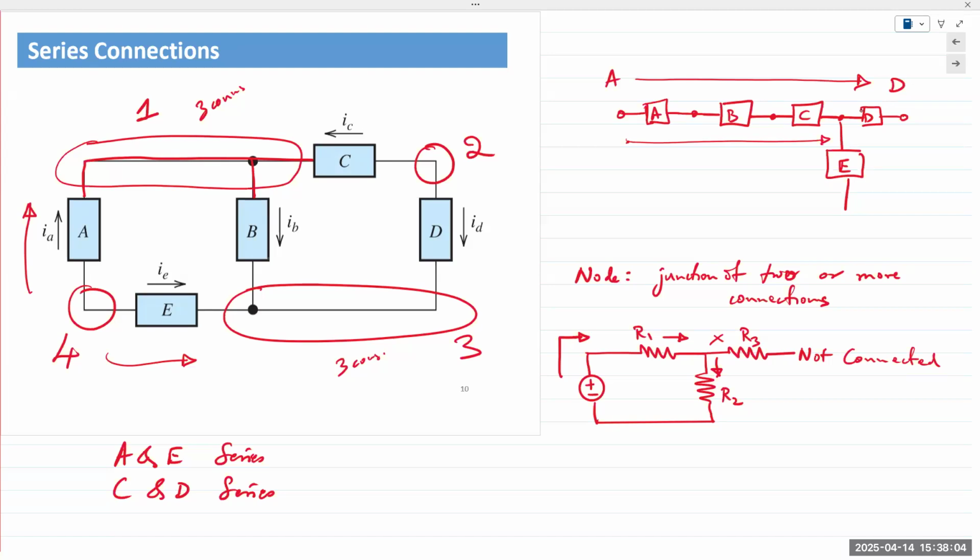Connections that were previously in parallel may no longer be in parallel. Connections that were in series may no longer be in series, and vice versa. So it would be your job as an engineer to quickly analyze and understand how the circuit is changing and how the components are now connected. So if it's not connected, R3 is not part of the circuit.